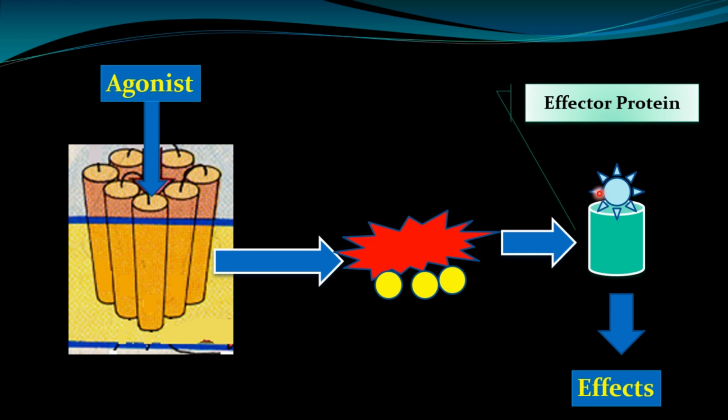So all this about this G protein, and what is the conclusion? The conclusion is that the resultant effect of the drug depends on the G protein which is linked with the serpentine type of receptor.